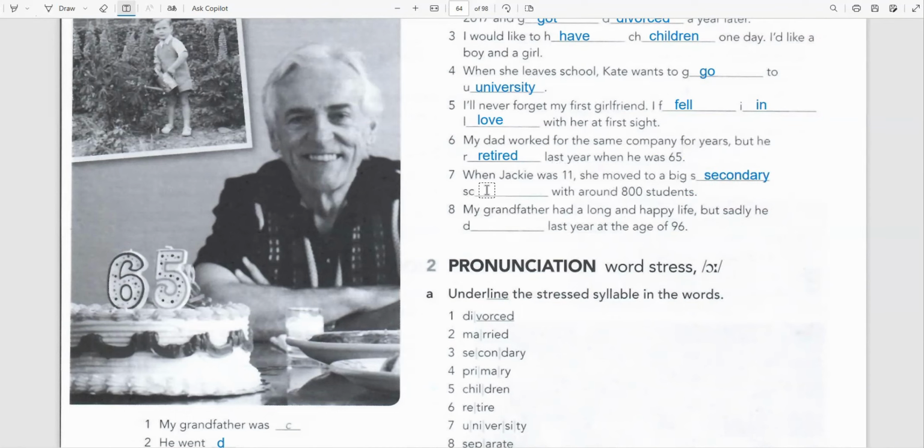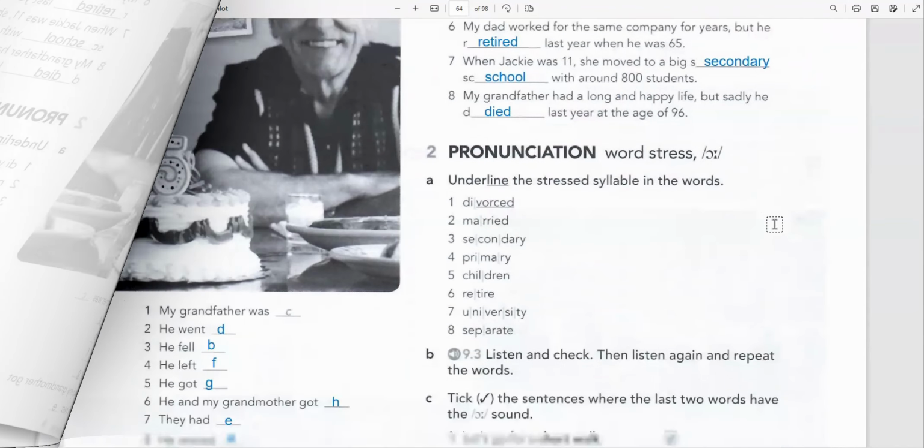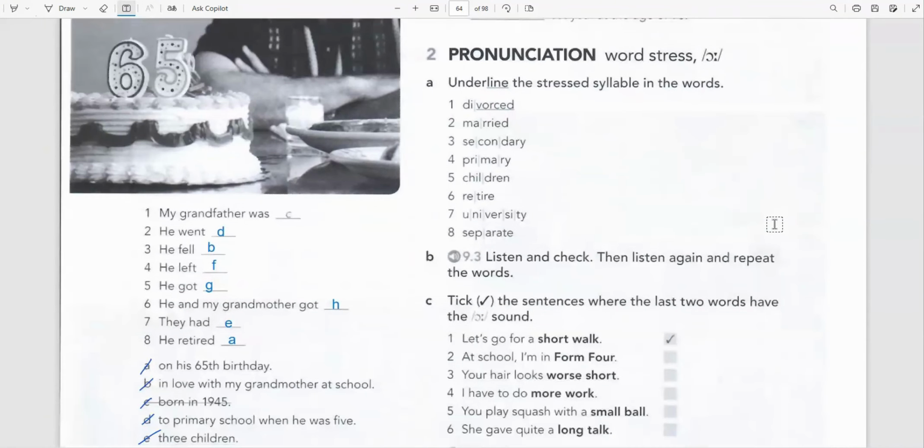Secondary school, that's it. Number 8, my grandfather had a long and happy life, but sadly he, at the age of 96. So D, it will be die. So died, past simple. Died last year at the age of 96. That's it.